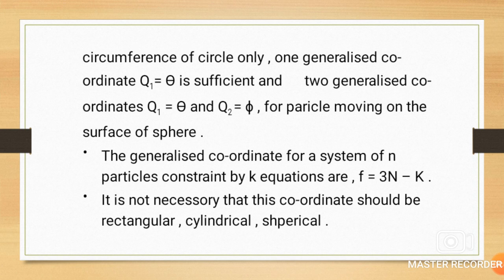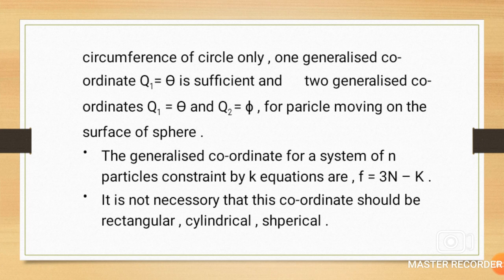Similarly, like the degrees of freedom, if we have k constraints and n particles, then the total number of generalized coordinates is f equal to 3n minus k. It is not necessary that these coordinates should be rectangular, cylindrical or spherical. We know that there are different coordinate systems: Cartesian, spherical, polar, cylindrical.